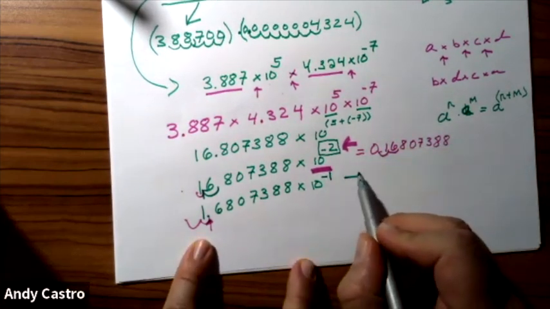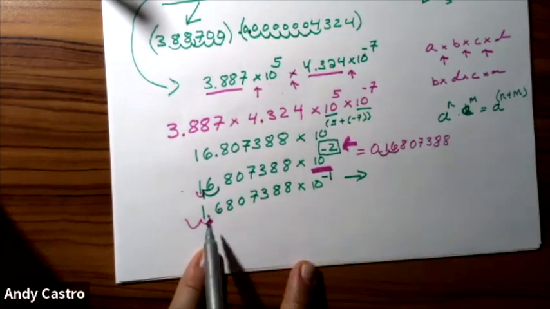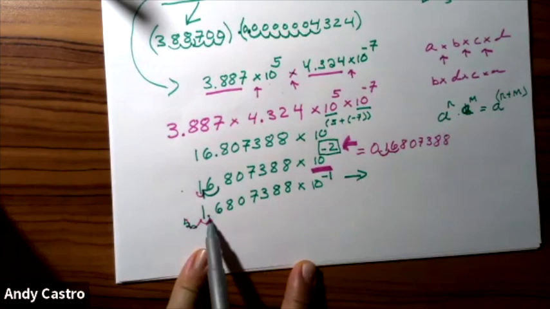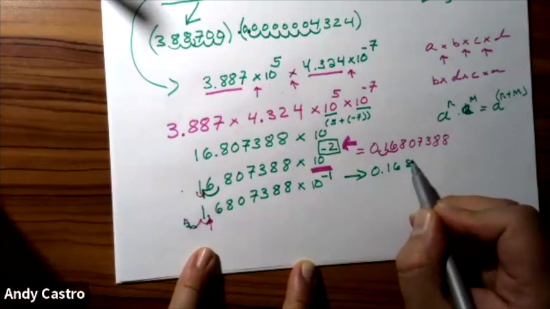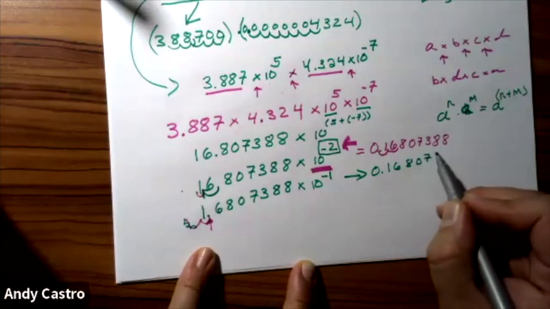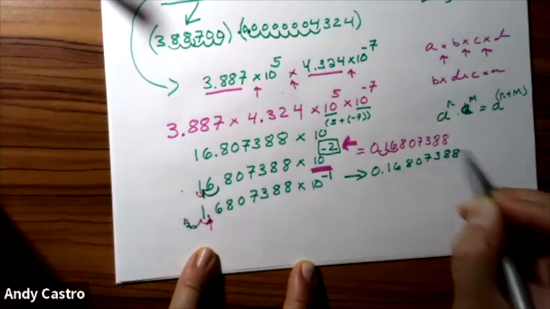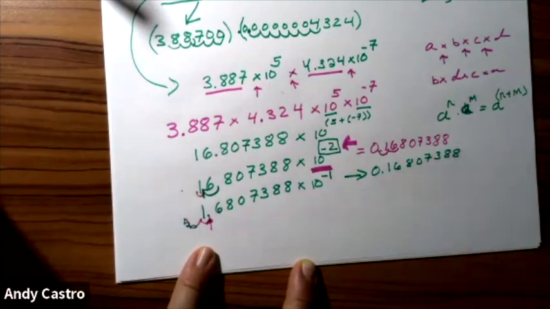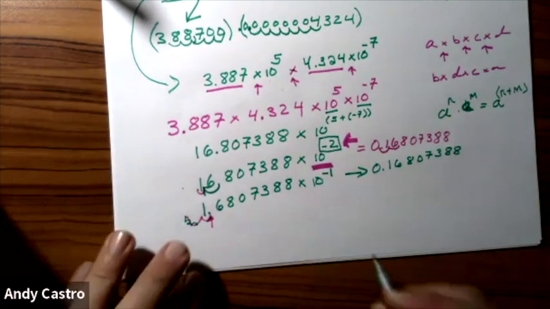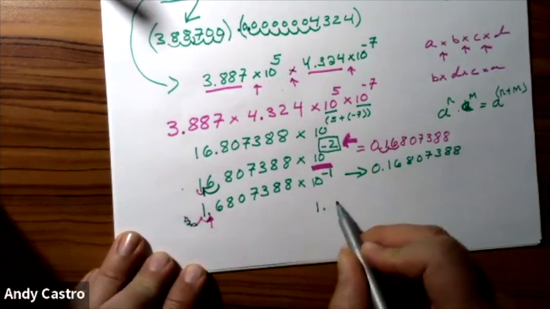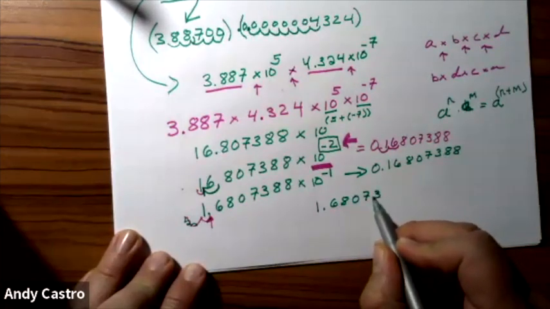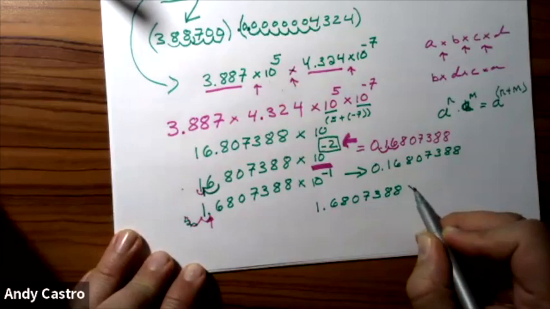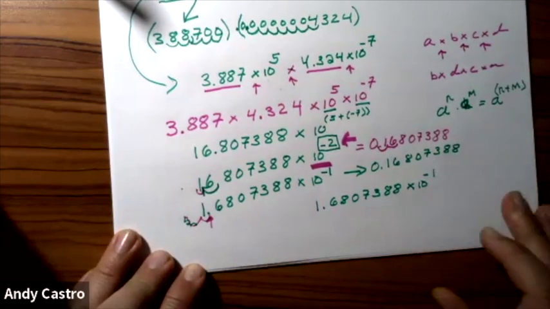Because to put it back to its original number, I only have to move 1 to the left to get 0.1680738. Okay. So now we have 1.680738 times 10 to the -1.